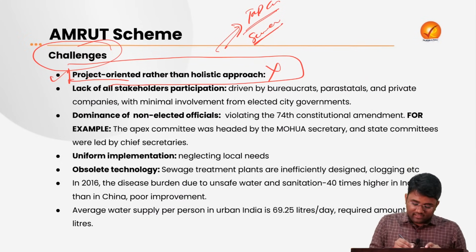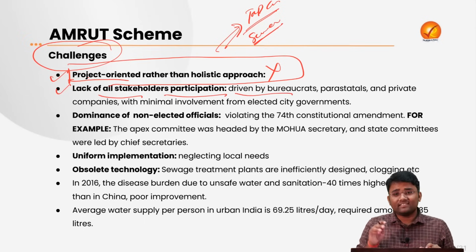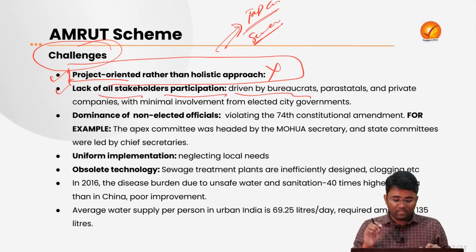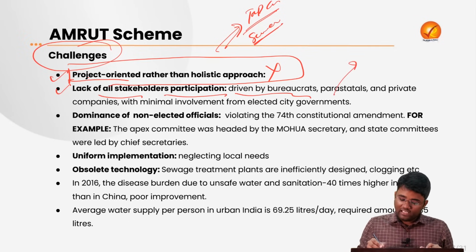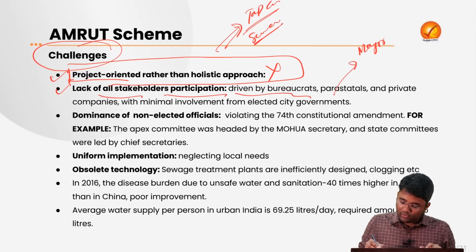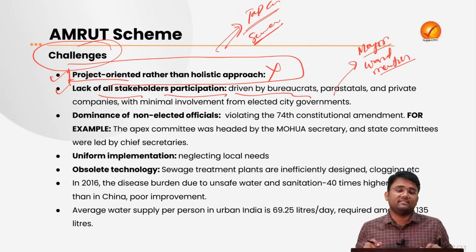Then the second is lack of all stakeholder participation. Mainly the scheme is driven by the bureaucrats and the private companies with minimal involvement from elected city governments, means the elected representatives like the mayor of the city and the ward members. Their involvement is very bare minimum while implementing this scheme.